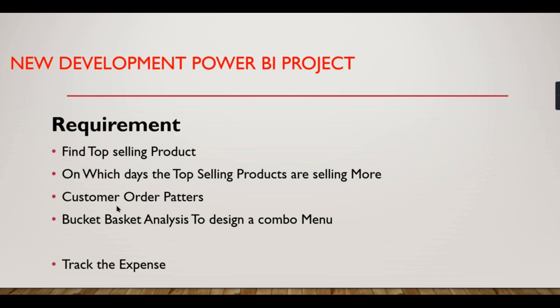He wants to build advanced analytics. Why does he want customer order patterns? The top two things, like top selling products and on which day they sell, are self-explanatory. Based on the order patterns, he will decide whether he wants to understand more about customer behavior.